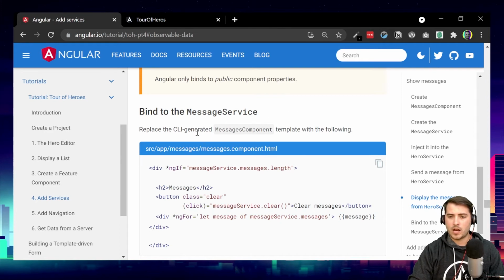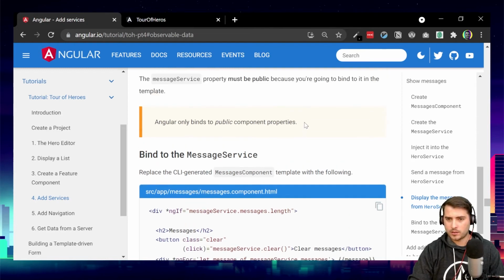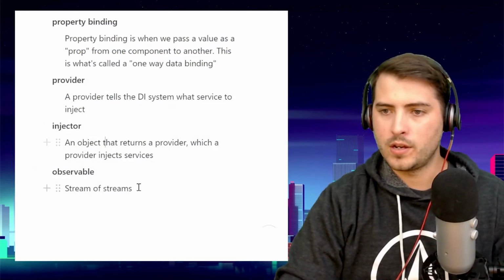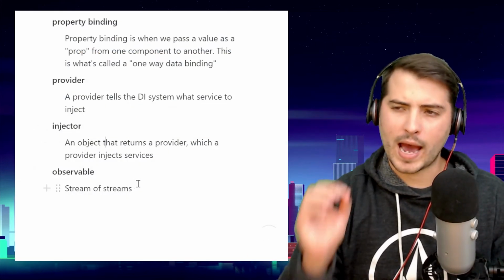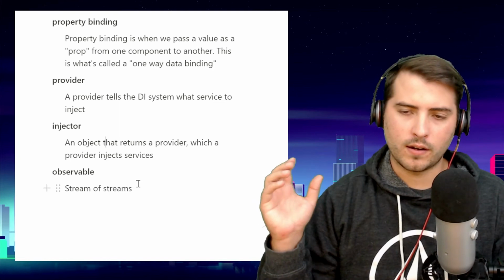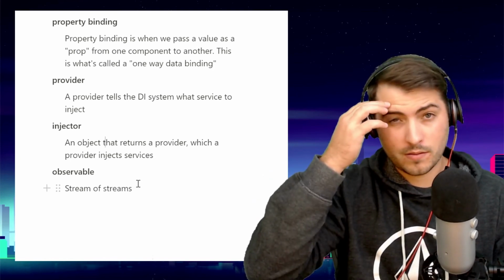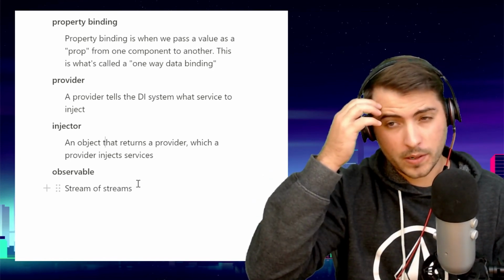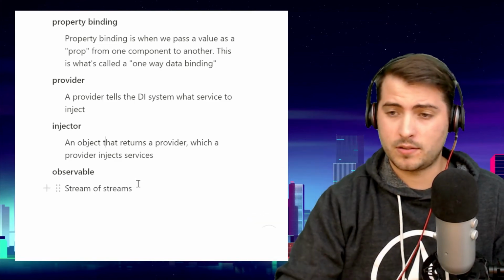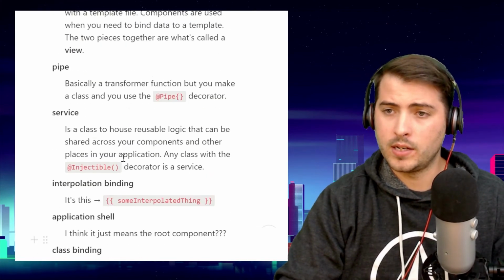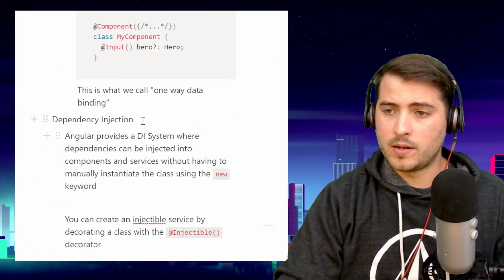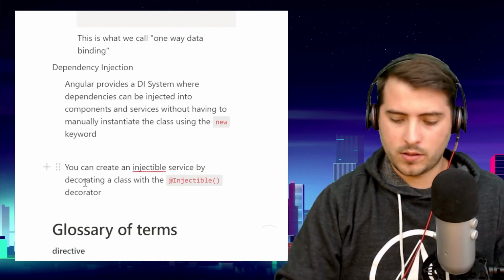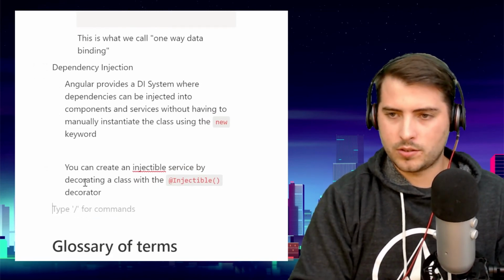Bind to the message service. Replace the CLI generated messages. Actually, you know what? This is a good little thing to take note of and remember. I could see that if you added a property to your component and weren't able to access it in the template, that would be a common error, and this is how you would fix it.